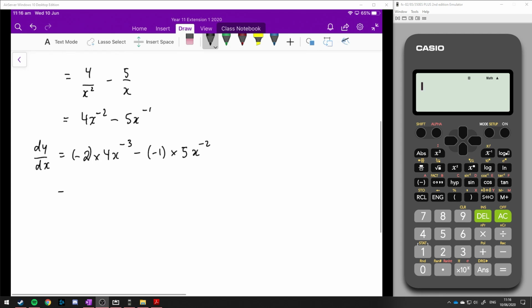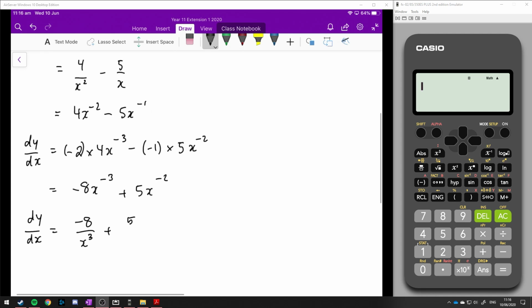So putting these together, we get minus 8x to the negative 3 plus 5x to the negative 2, which means that dy/dx is equal to negative 8 on x cubed plus 5 on x squared, like that.